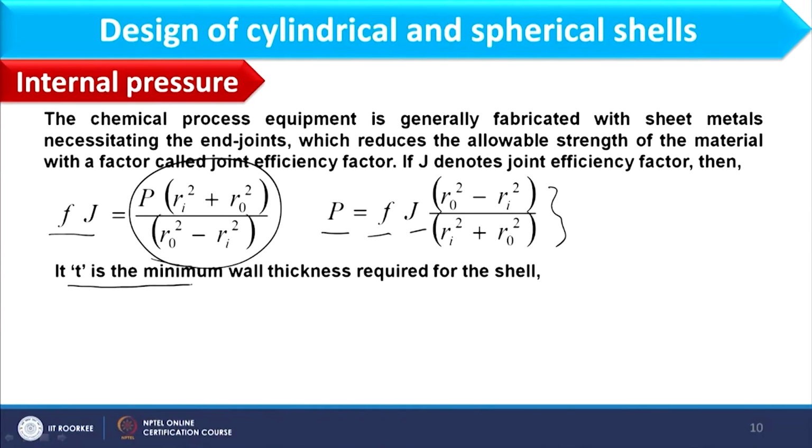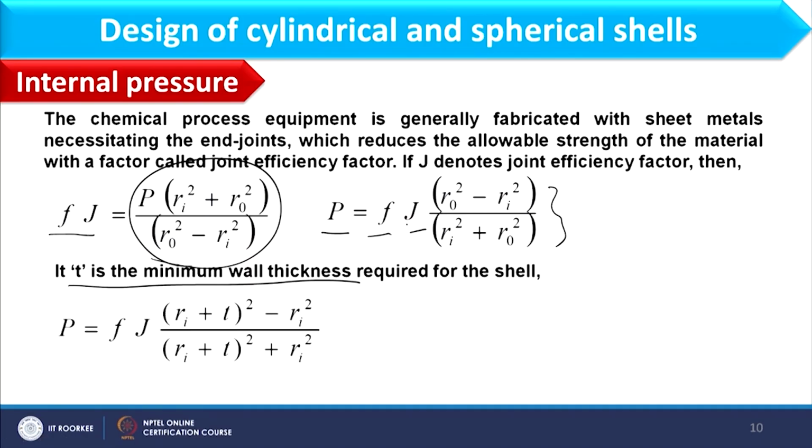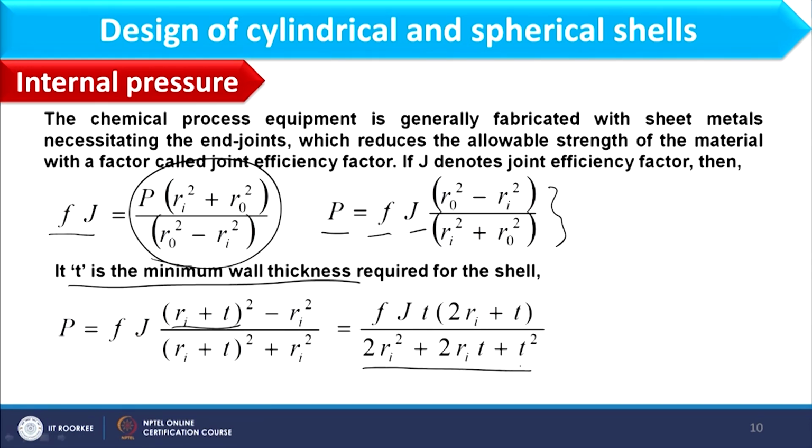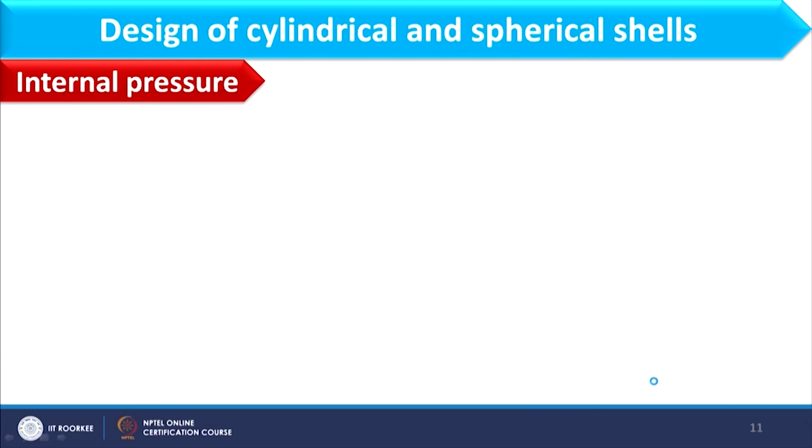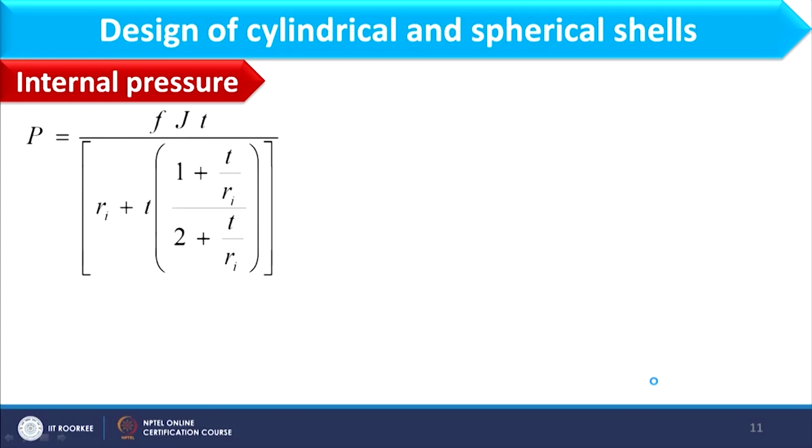If I consider T as the minimum wall thickness required for the shell, then Ro we can replace with Ri plus T. Rearranging and resolving the expression, P can be defined in terms of F, J, T and radius, and P will be equal to FJT divided by this whole expression.